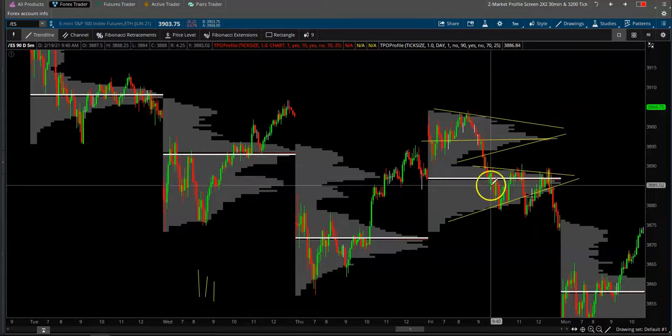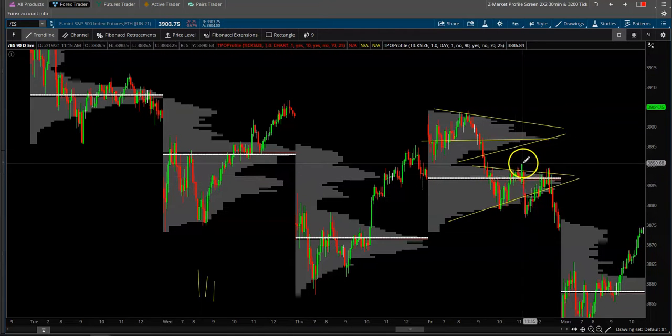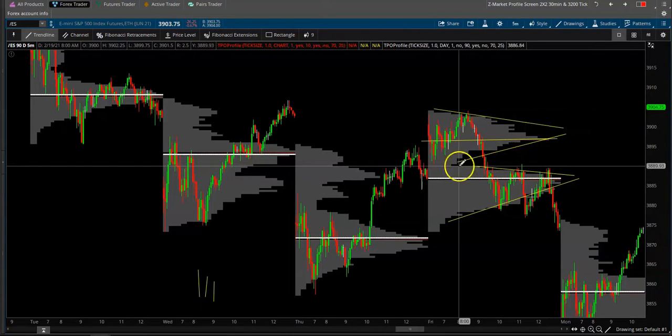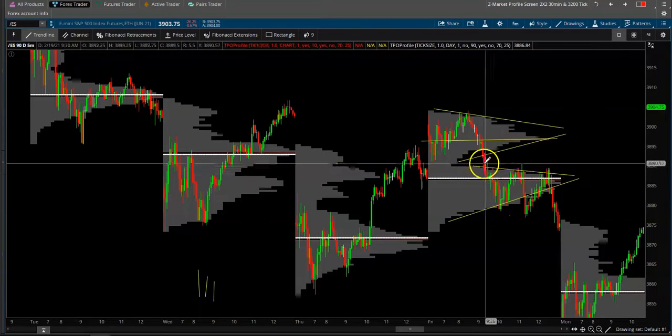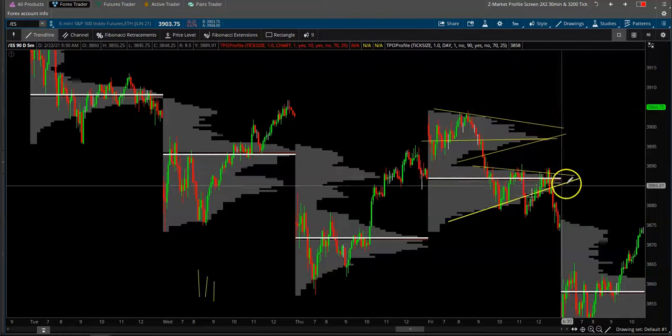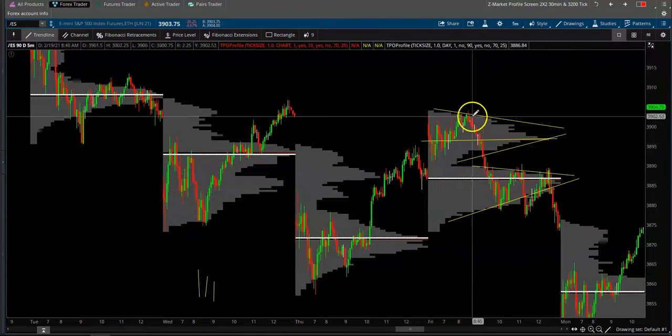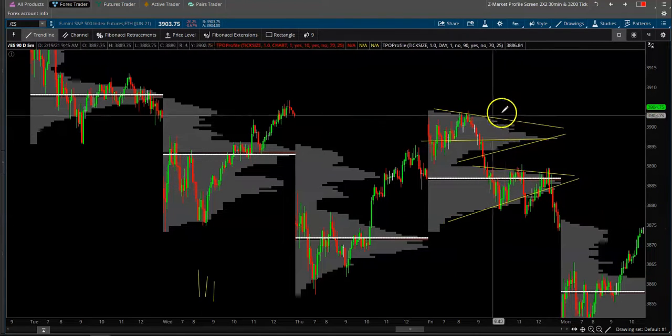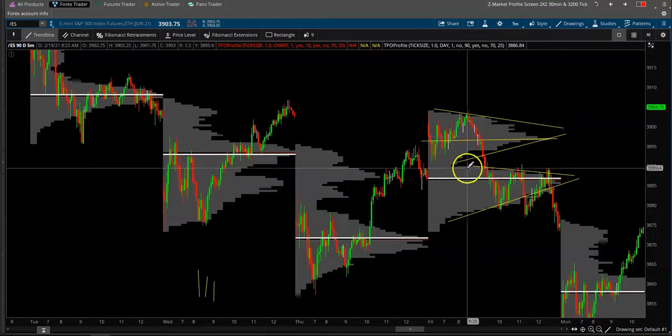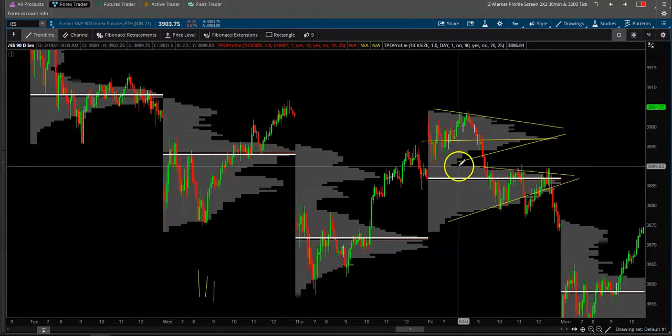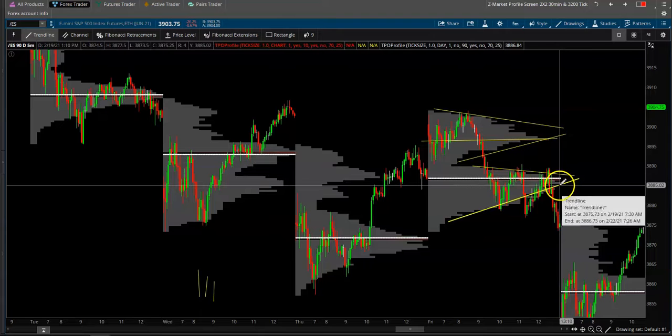Every time we rallied, we really didn't get that much time or contracts traded at that price. And this is what creates your second distribution. So this is a double distribution right here: one high volume node, a very small low volume node, and then a high volume node again.